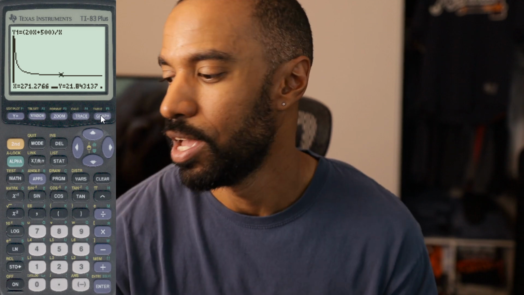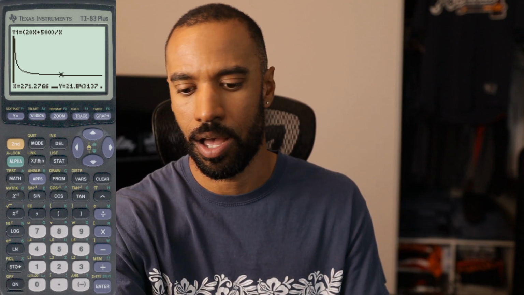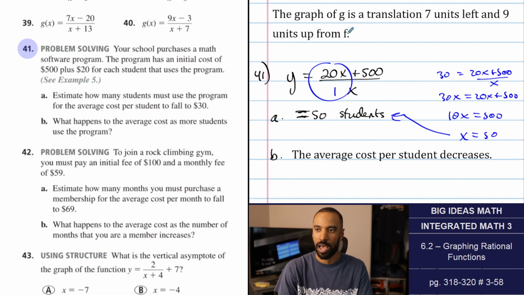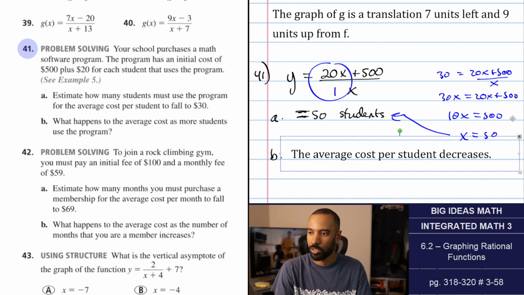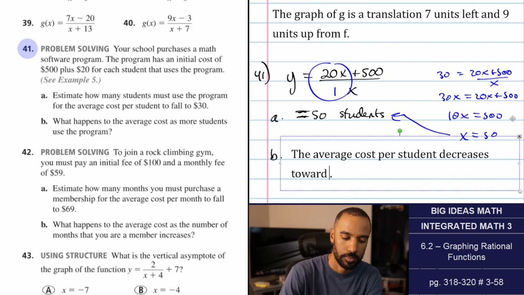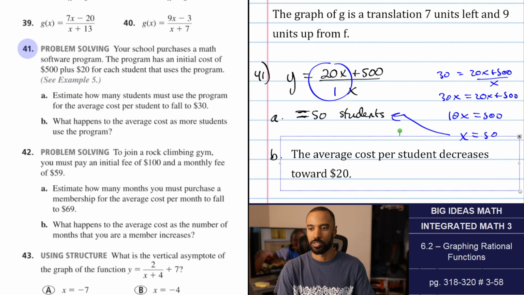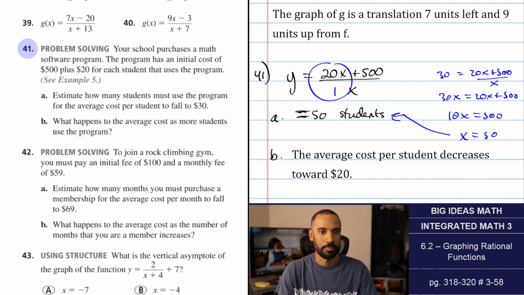This actually has a horizontal asymptote at y equals 20. So it decreases, but it doesn't decrease toward 0. It decreases toward 20 over time. That's what the cost per student kind of does to this thing. It decreases toward $20 as x increases. So that's what I'm seeing out of that.